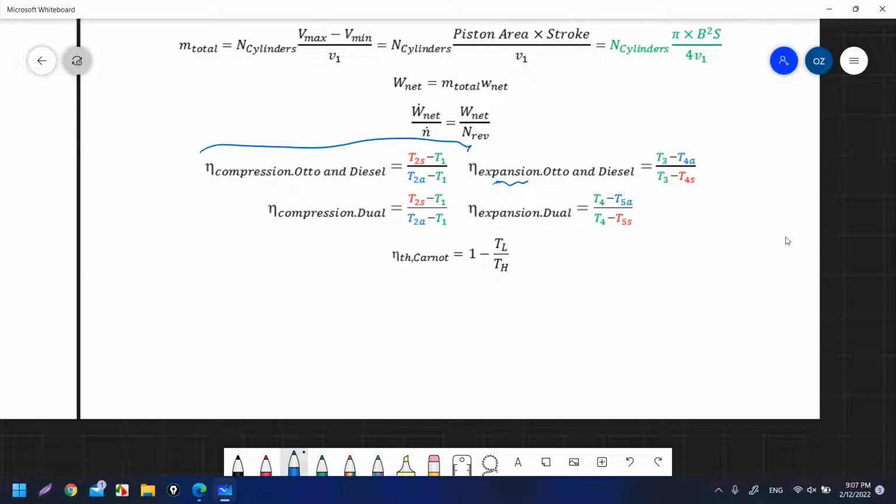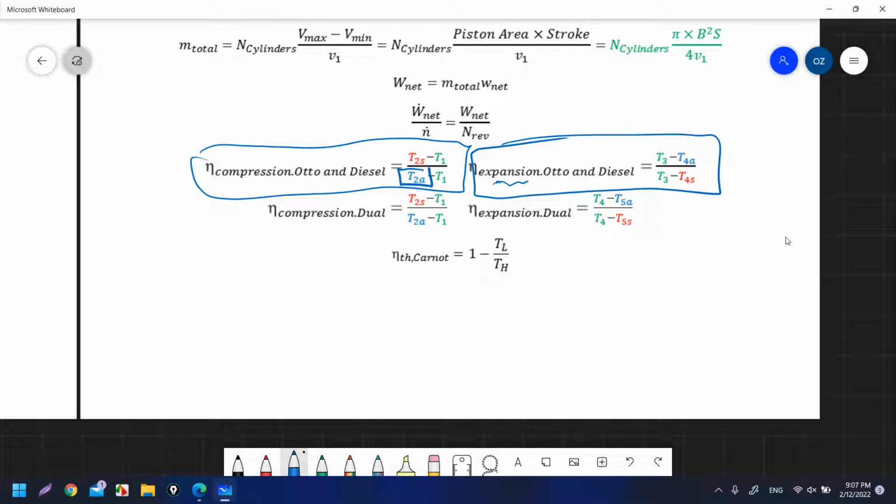You cannot find Qin, Wnet, Qout, anything that they want you to find, even the mean effective pressure, unless you use the isentropic efficiency equations and find the actual temperatures T2A and T4A. That is, you cannot solve using T4S or T2S. You have to use T2A and T4A because it is an actual cycle now. Okay, so our problem now is to find T2A and T4A.